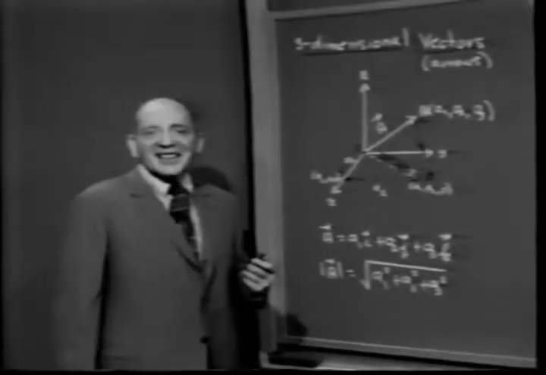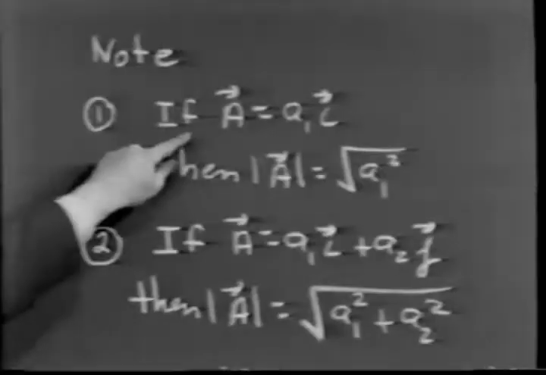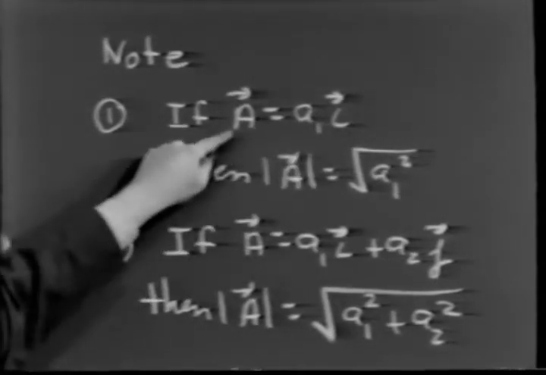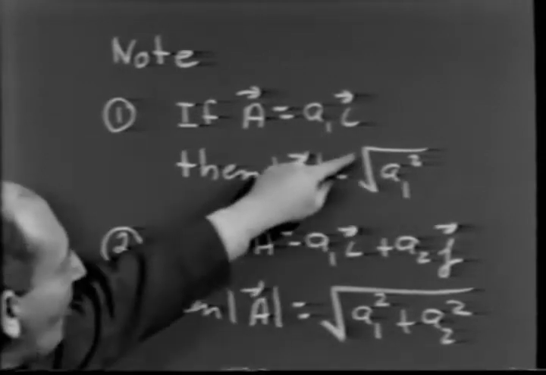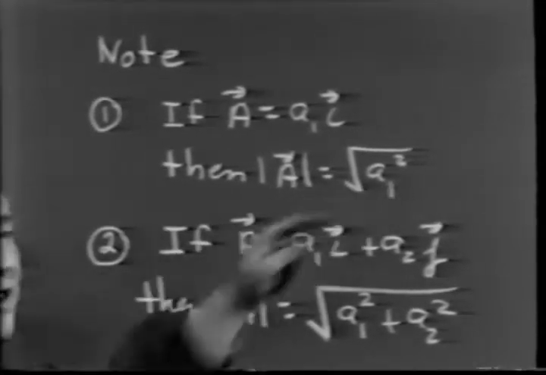To see this pictorially, notice the three-dimensional effect of the vector A. It means that if we drop a perpendicular from the head of A to the xy plane, then you see this distance is A1, this distance is A2, and this height is A3.